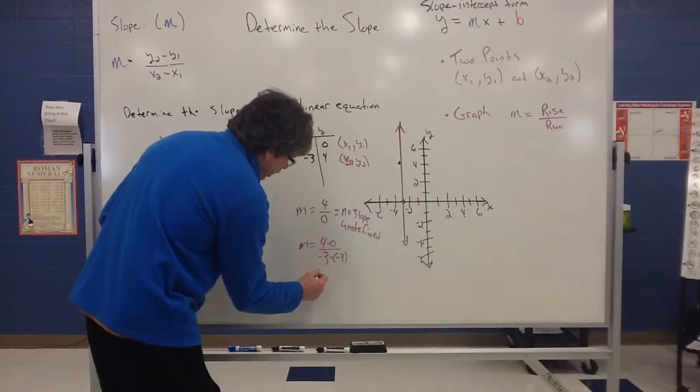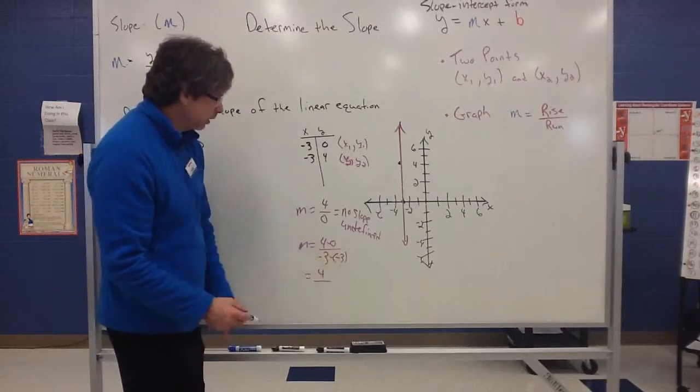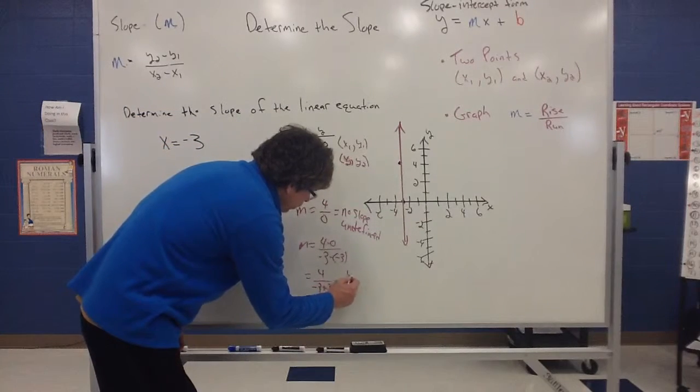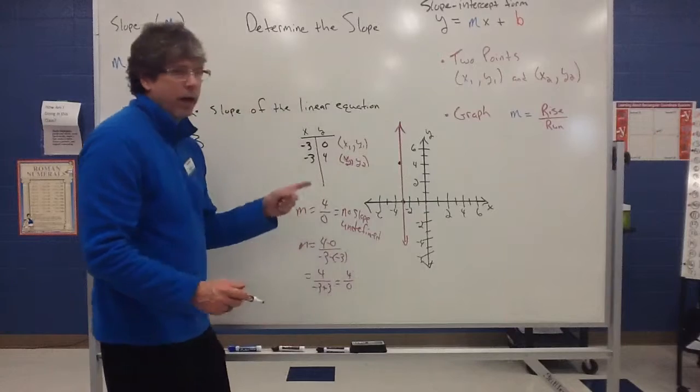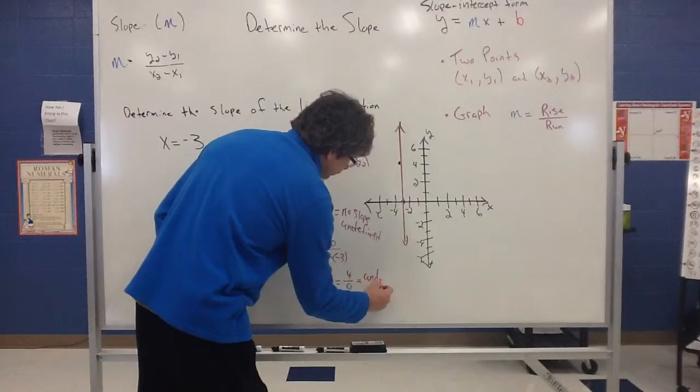So I have 4 on the top. On the bottom, the opposite of a -3 is the same thing as -3 plus 3. So we have 4 over 0, and again, that's that flag that this is going to be undefined. I don't get an answer for that.